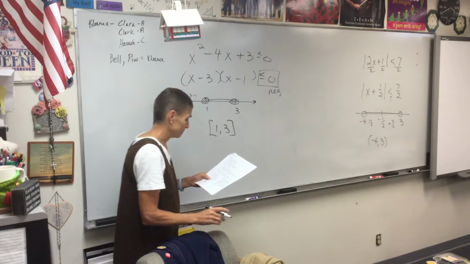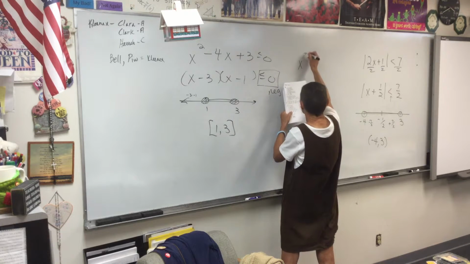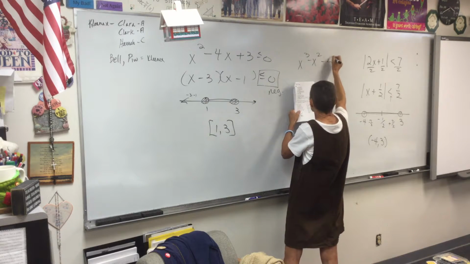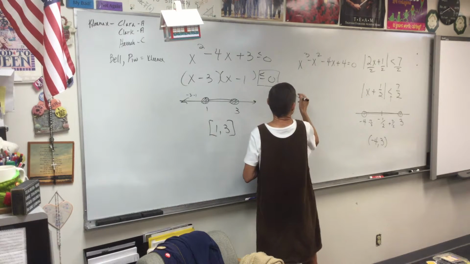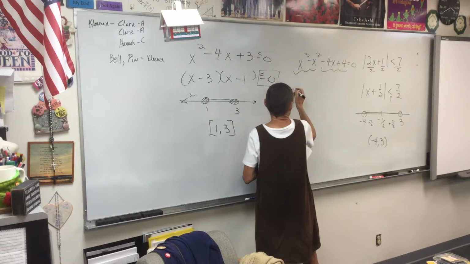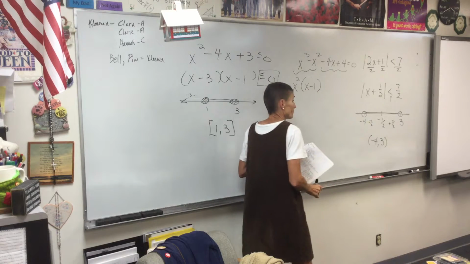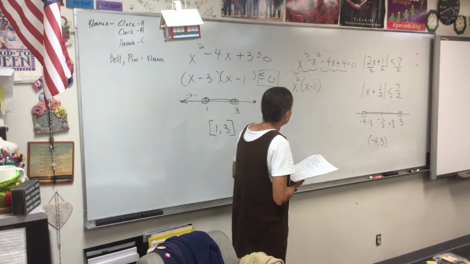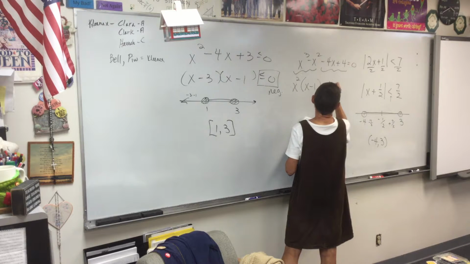How about E? What do we do with E? We group them, exactly. We're going to group them. So the first 2, we can take out an x squared. The last 2, we can take out a negative 4.